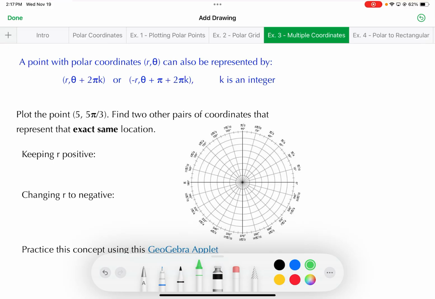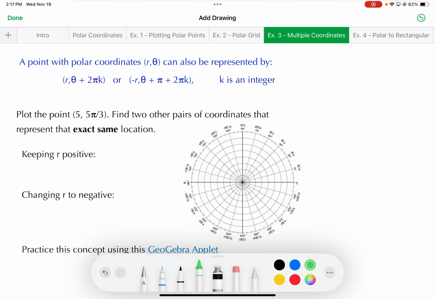So let's say you're working with the point (r, theta). r is positive. If you want another set of coordinates to represent that same location, all you'd have to do is take theta and add a multiple of 2 pi to it. You agree if I add or subtract a multiple of 2 pi to theta, I'm just going to end up on the same terminal side of that angle?